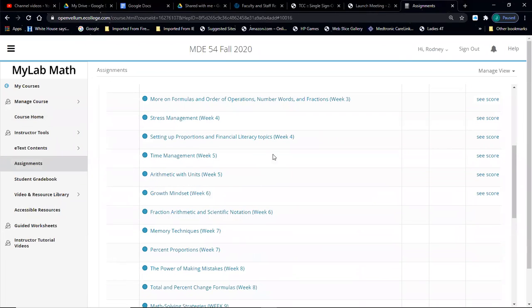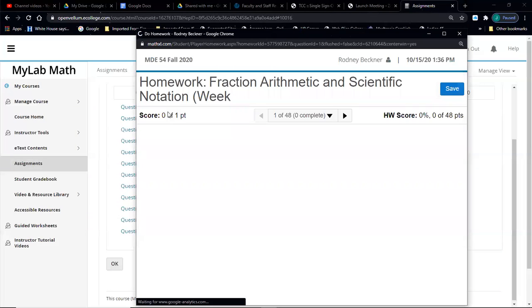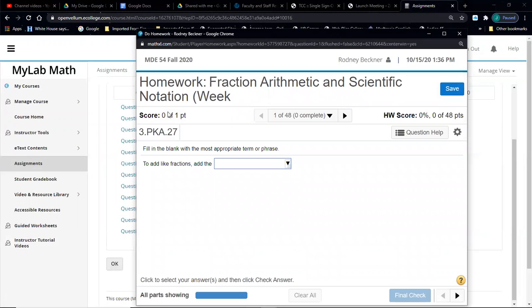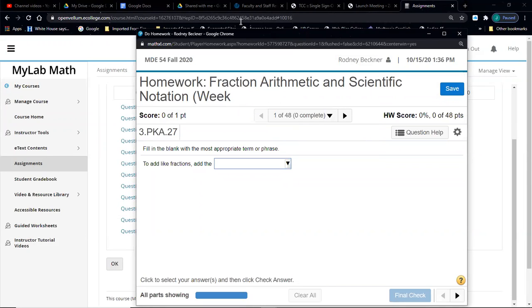All right, we did that one. So another class of, we're just mainly going to go through some homework problems. Some of this stuff we've talked about before, and then you may see something new, but this is going to be mainly doing fraction arithmetic, and we'll see if we can get to the scientific notation as well.